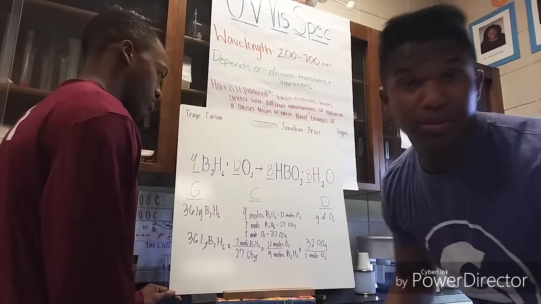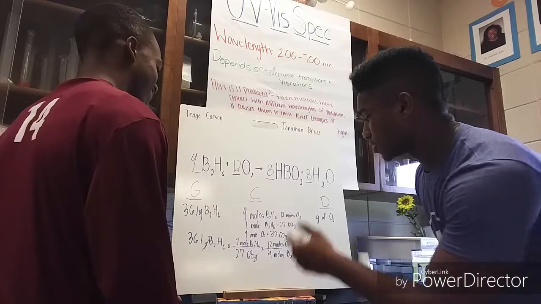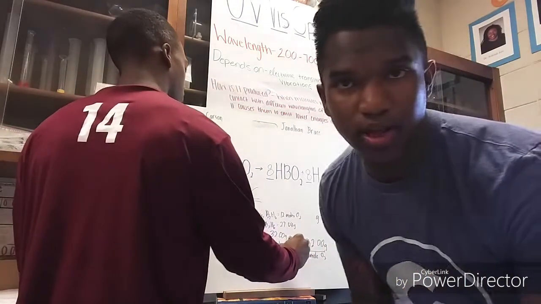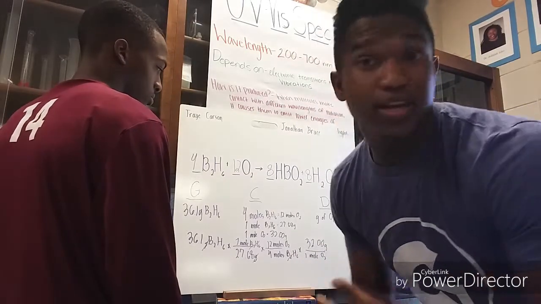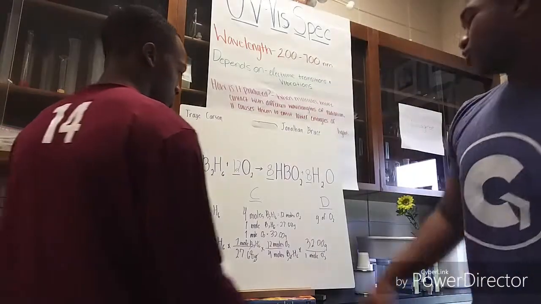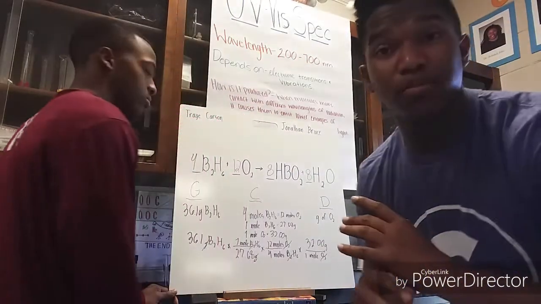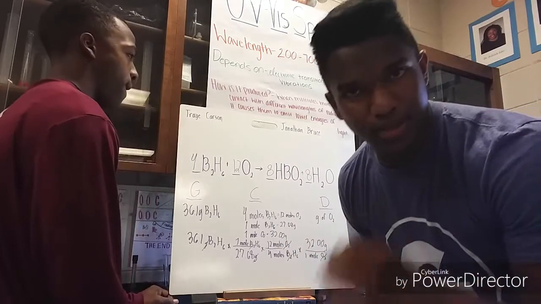Then to get to oxygen, you're going to use 1 mole of B2H6, and on the bottom is going to be 4 moles of B2H6. You cross those two out, because now you have 12 moles of oxygen gas. After oxygen gas, you have to find the mass, so you use 12 moles of O2 and 1 mole of O2. Now that you have the moles canceled out, you have the mass in grams, and that is your desired.